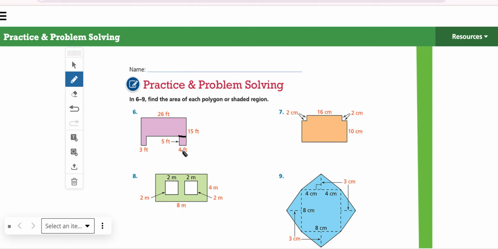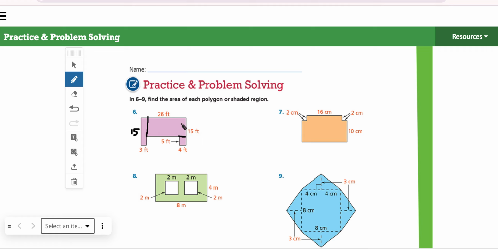That's going to be 5 times 4. And here maybe I can do one going all the way up here, and that's going to be 3 by 15. So I'm assuming that's 15, so I'm going to put a 15 here.